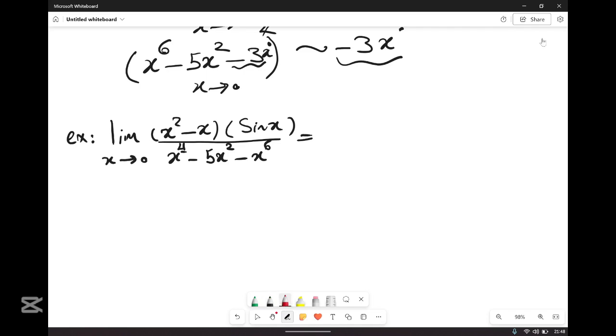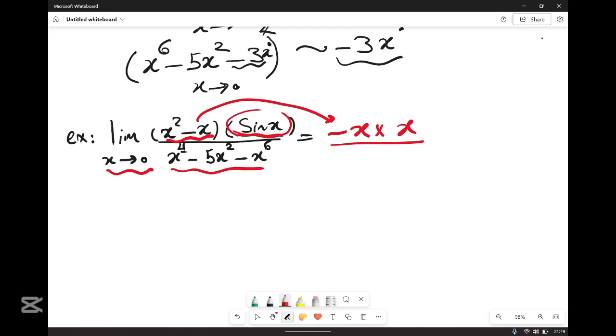Okay, guys, you know this is a polynomial and is equivalent with minus x. Here, when x goes to 0, the sine is equivalent with x, and we can substitute that. And here is a polynomial again, and we take the minimum power, minus 5x power 2, and the answer is 1/5.